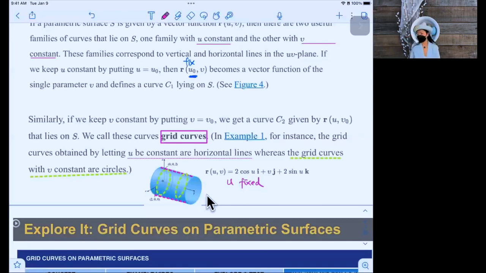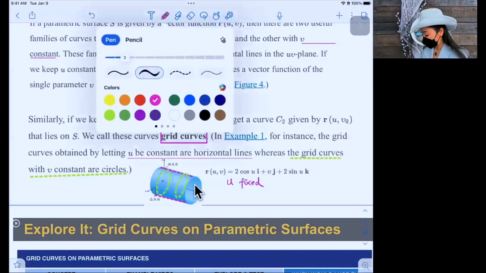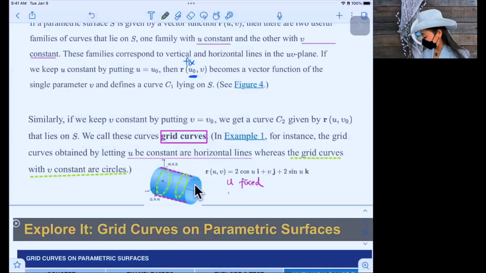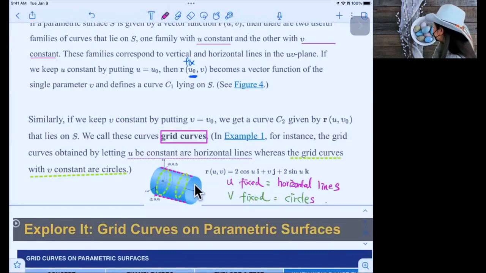And what happens when v is fixed? When v is fixed, you're going to get those circles, the green ones over here. So those are the grid curves for the surface.